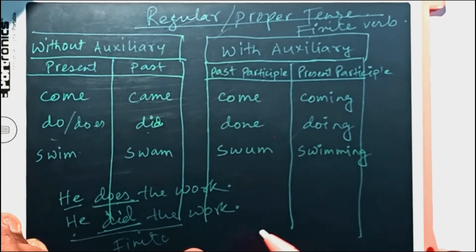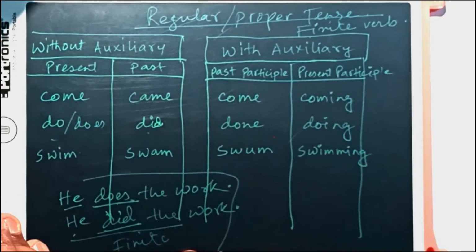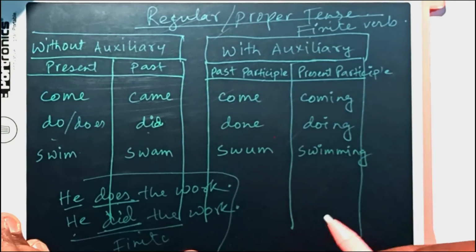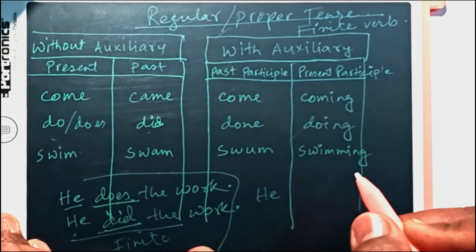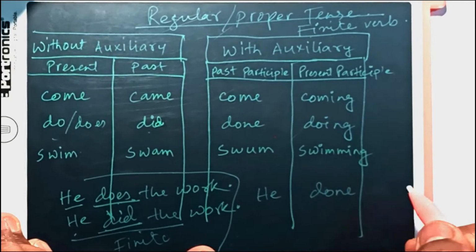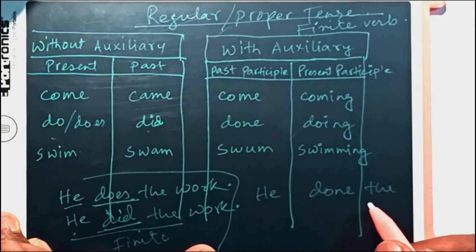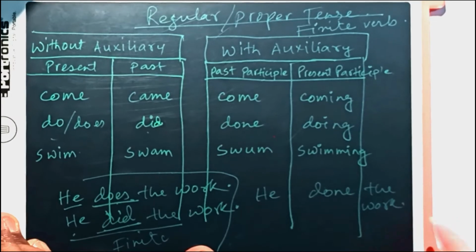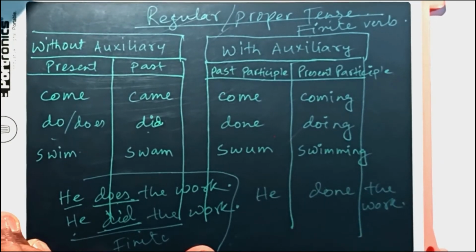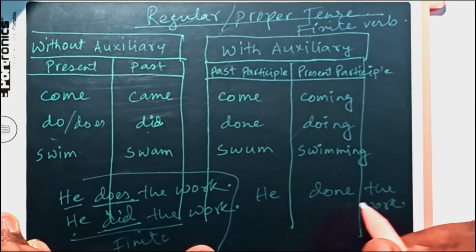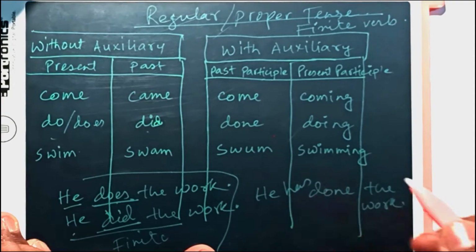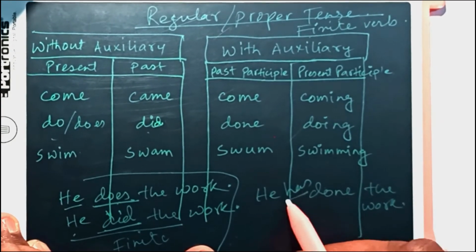Okay, now in these two cases, let's see, if we write he done the work, it is wrong. He done the work. We cannot make a sentence like this. We need an auxiliary verb. Suppose he has done the work. This is our auxiliary verb.